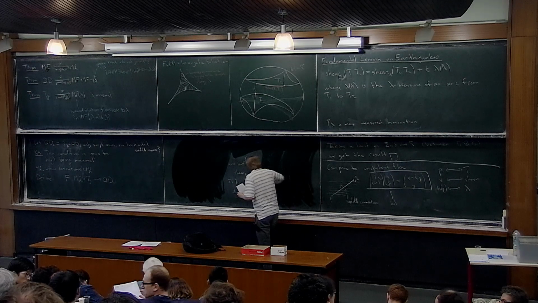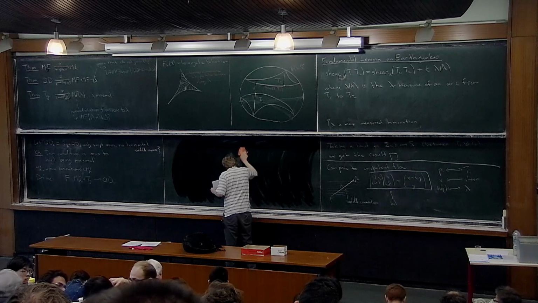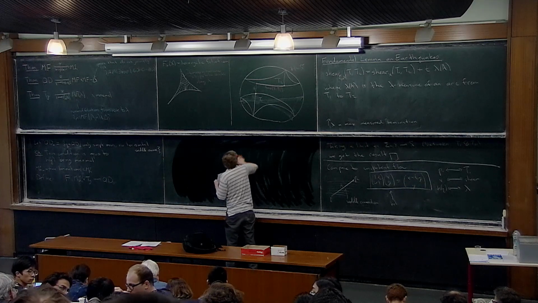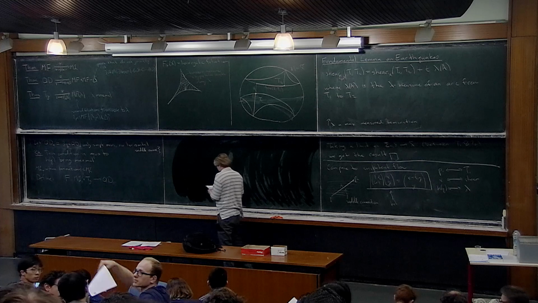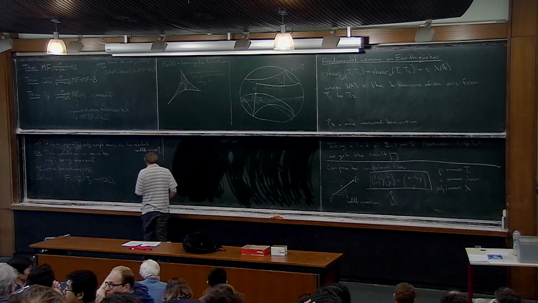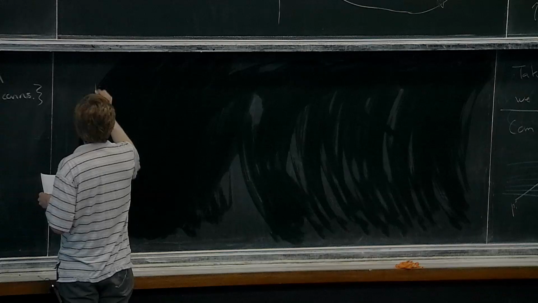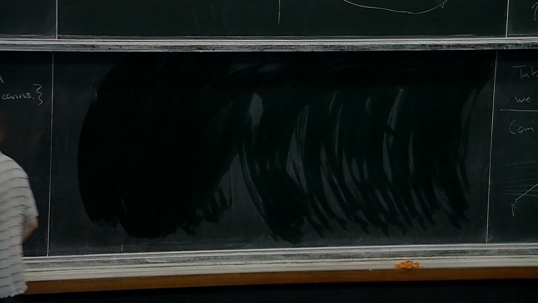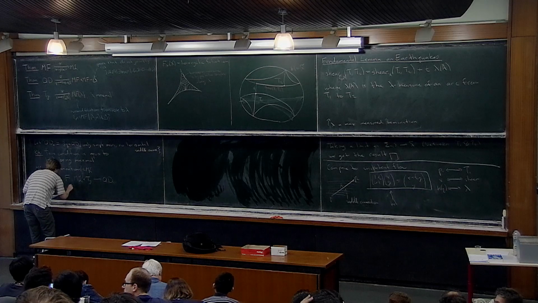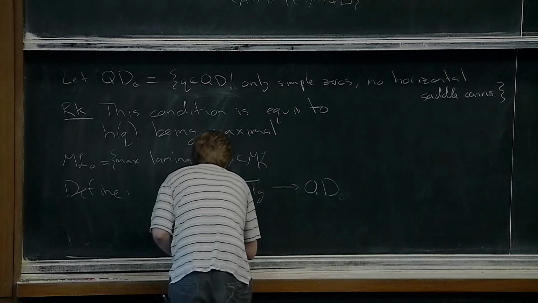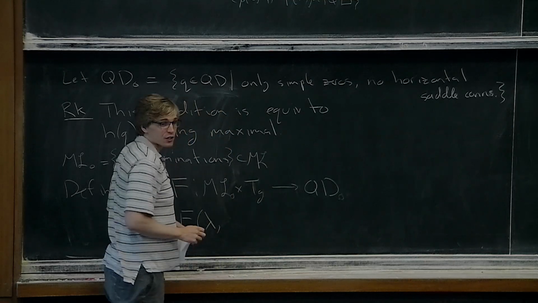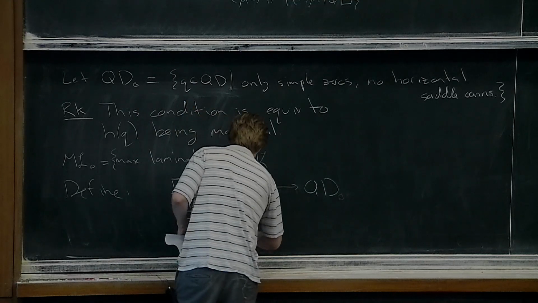OK, and this F will be really, really easy to define. We've done all the work already, and it won't be so hard to show that it's a conjugacy either. So F takes in a maximal measured lamination and a point in Teichmuller space.